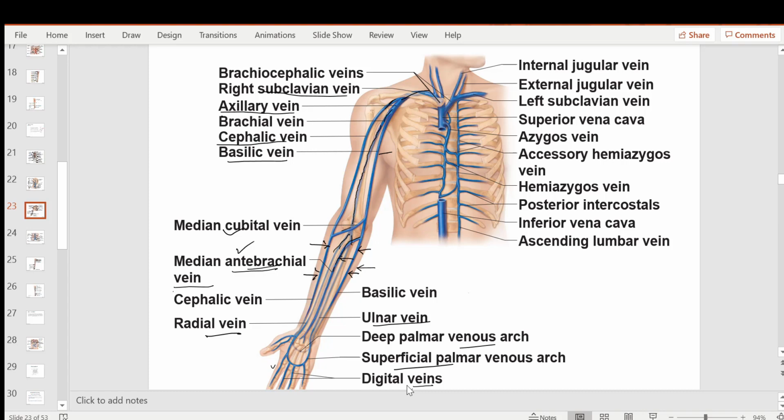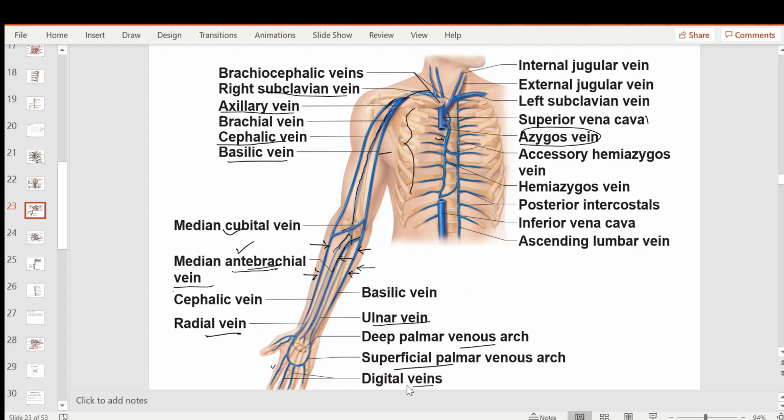Now here in the thoracic part, you have a couple of very important veins. I'll mention those. This vein is called the azygos vein. The azygos vein connects the superior and inferior vena cava.